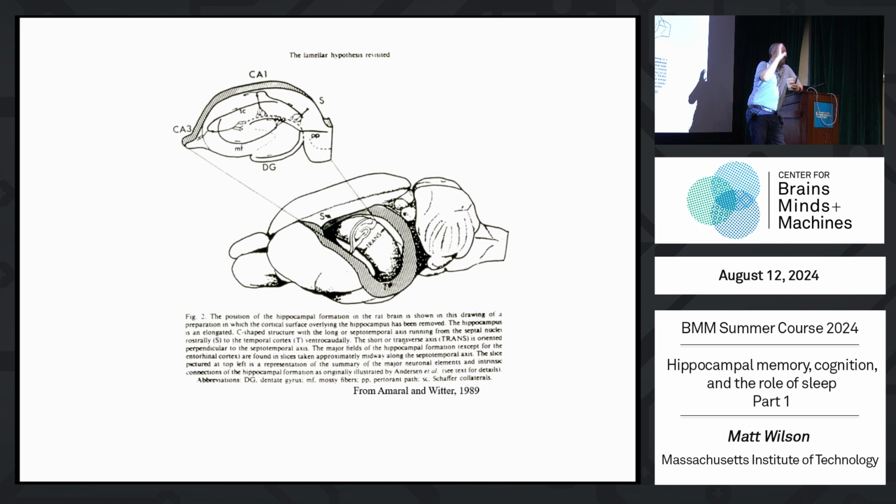Retrosplenial cortex used to be one of those, and Adam's always making up names for stuff. But retrosplenial cortex is thought of as a hub structure in the so-called default mode network. This is a resting state area that's active when you're not doing anything. If I'm just sitting quietly thinking, this default mode network gets activated, and retrosplenial cortex is a part of that.